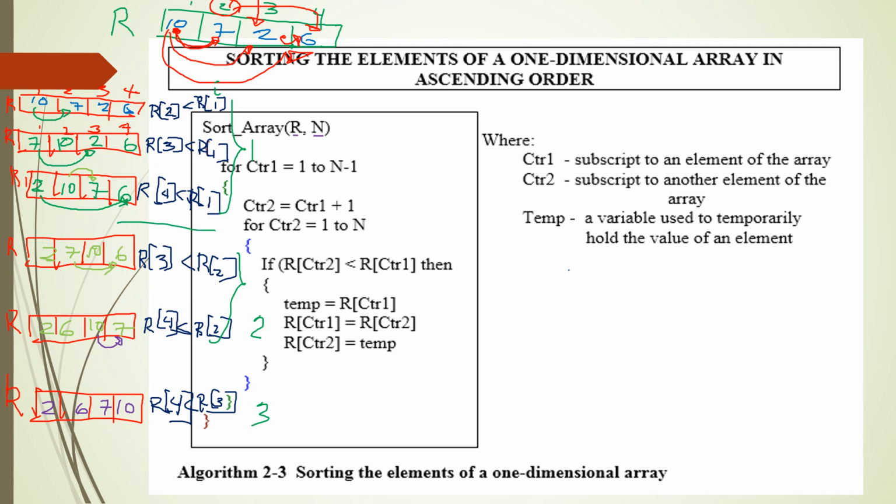And then, when the value of I is 1, pansin nyo, we have 2, 3, 4. And then 3, 4. And then 4. So, that means, from 2 to 4. Ano yung 4? Yun yung ating N. So, N.